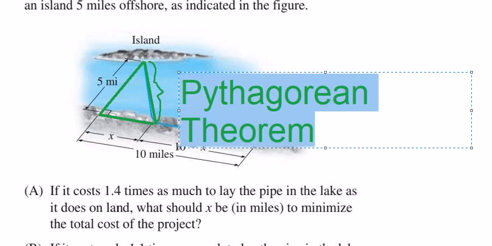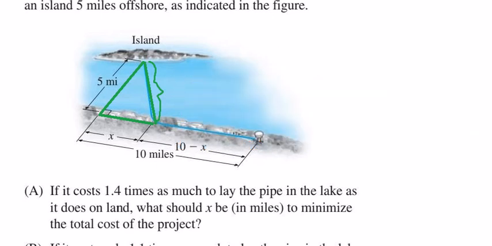So that's about the technique to use. And we have this one should be about the square root of 5 squared plus s squared.